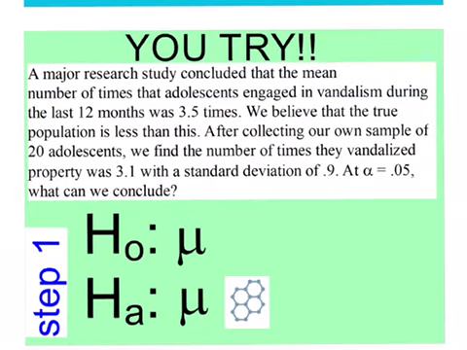This translates to, they say, the H0 says that the population mean, the information we don't know but we're proposing or hypothesizing, was 3.5. Mathematical opposite should say not equal to 3.5.